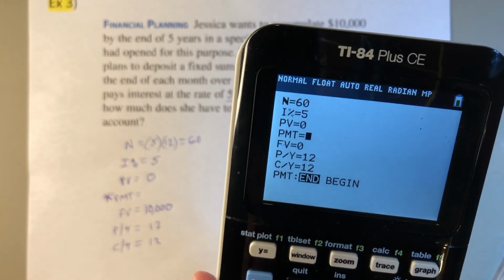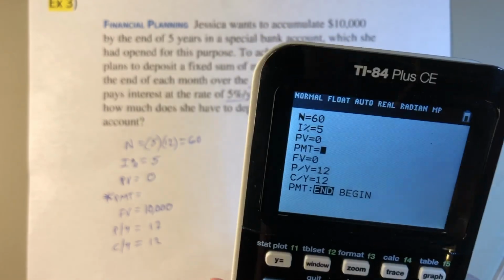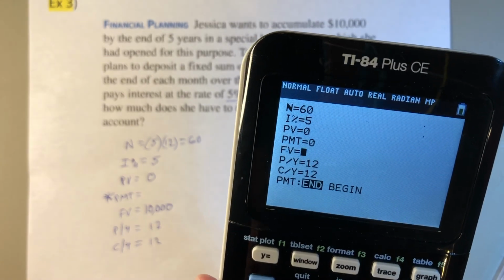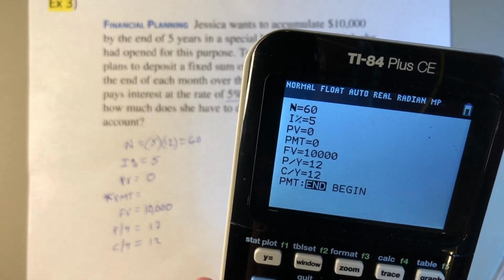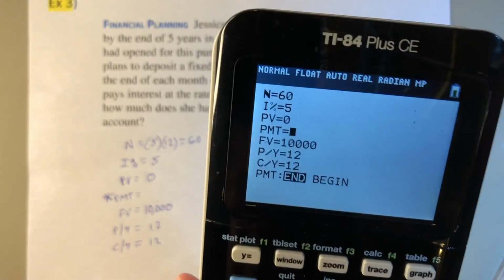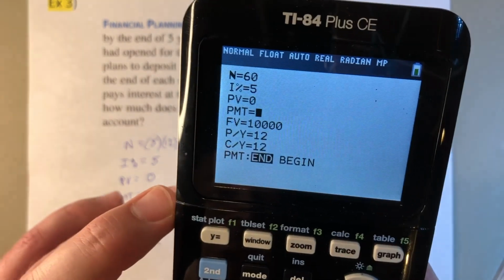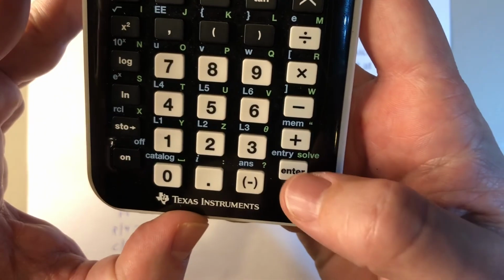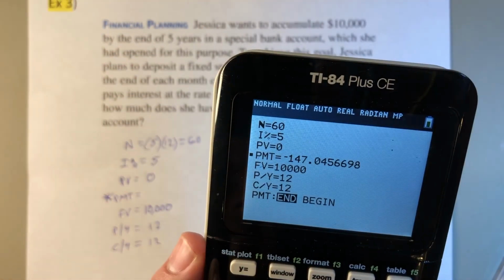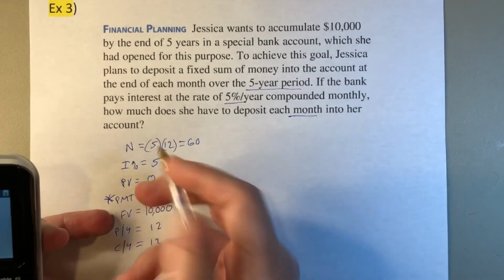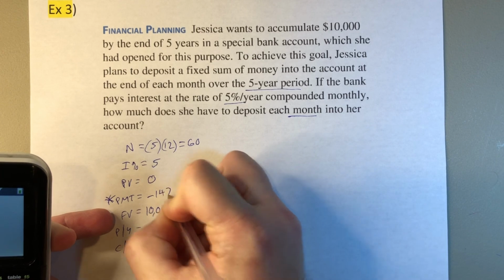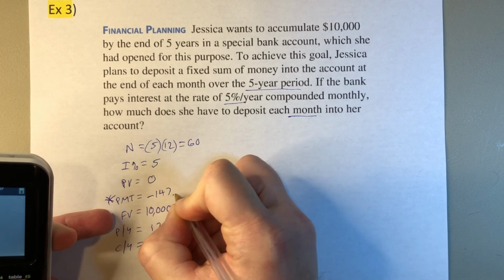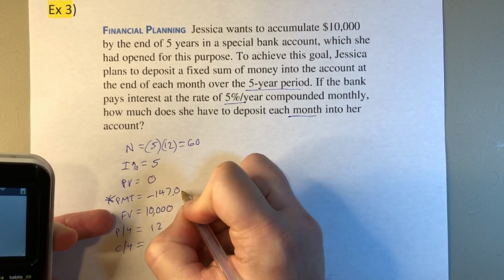Present value is 0. Payment, that's what we're solving for. Future value, what we're trying to save, is $10,000. Everything else is correct. You go to payment. Here we go. Alpha. Enter. Answer. So you do get this negative $147 and what, 5 cents?